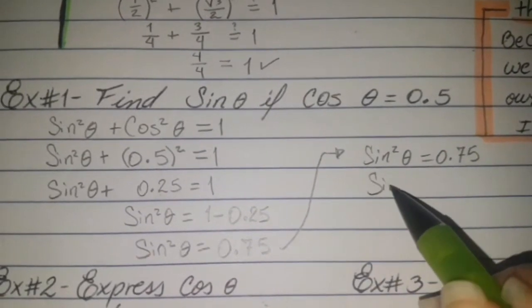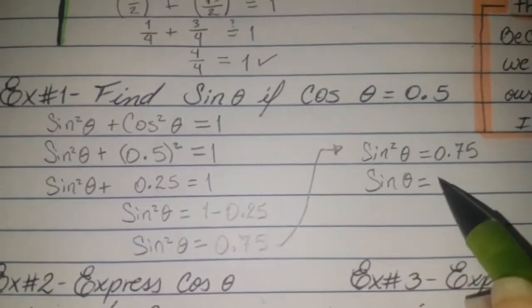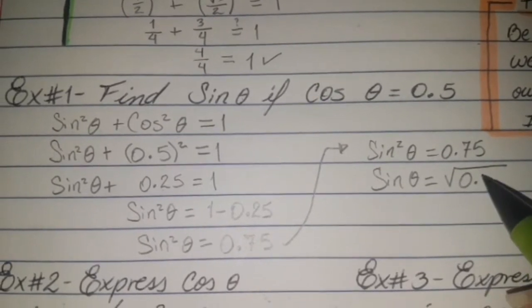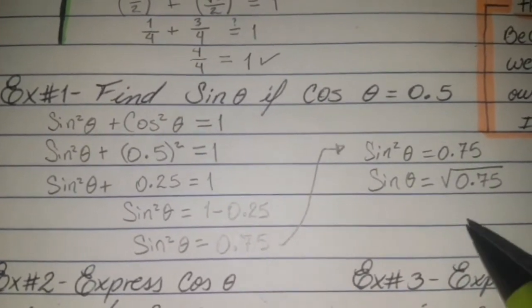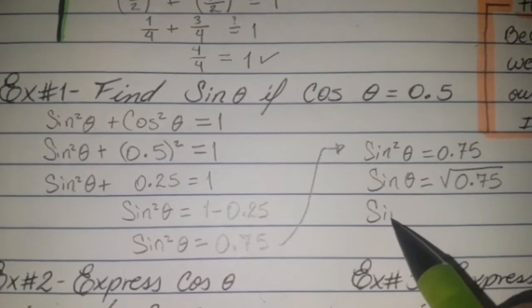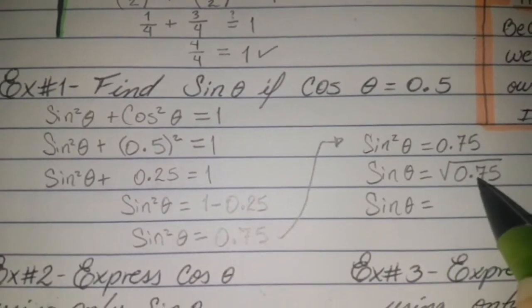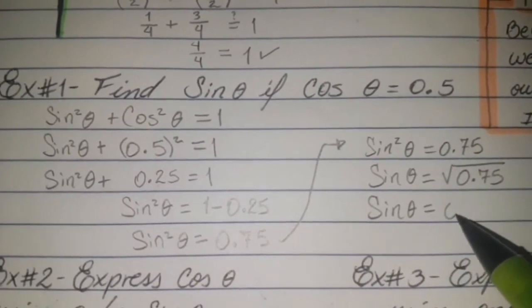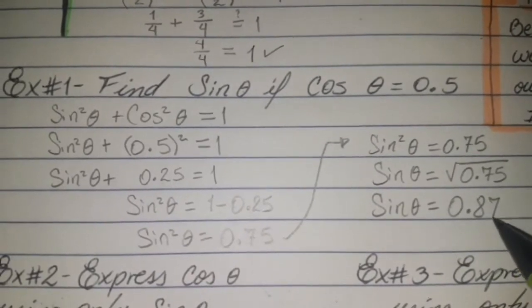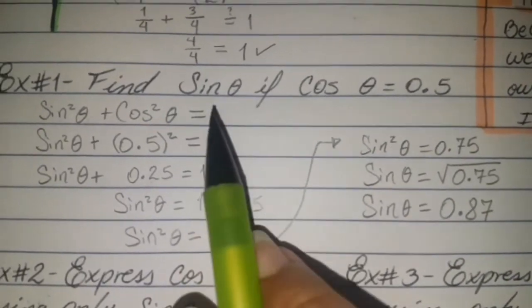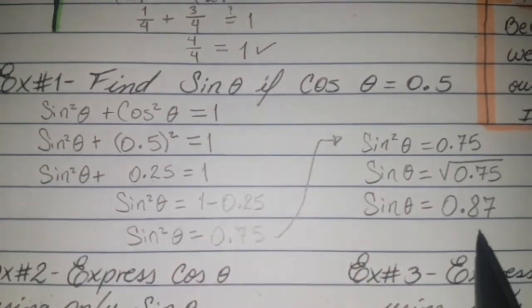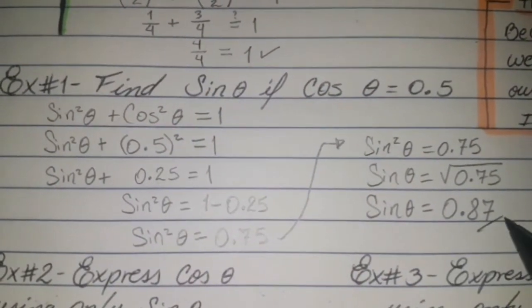So sine of theta equals the square root of 0.75. And according to your calculator, the square root of 0.75 is 0.87. Since they're asking us for sine of theta, and we got to that point, we're done.